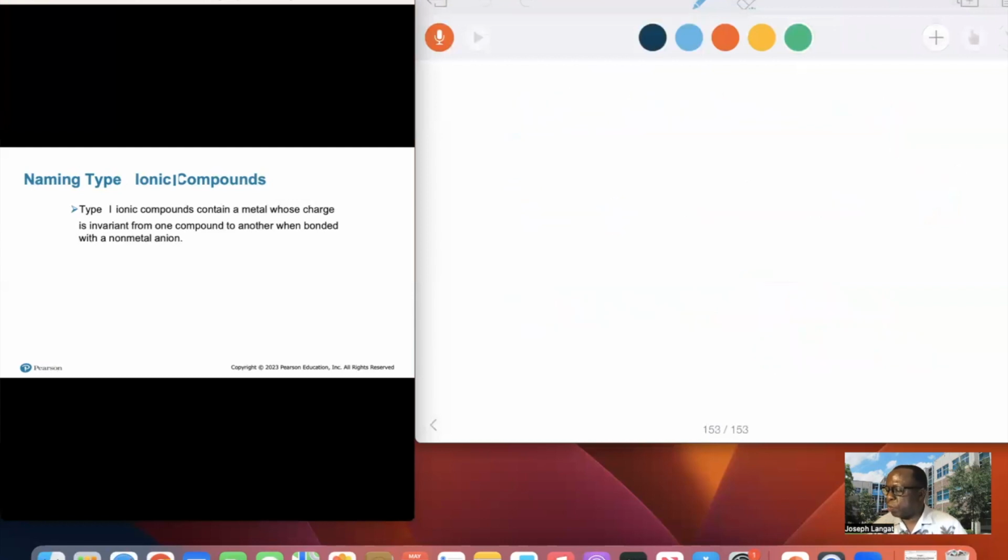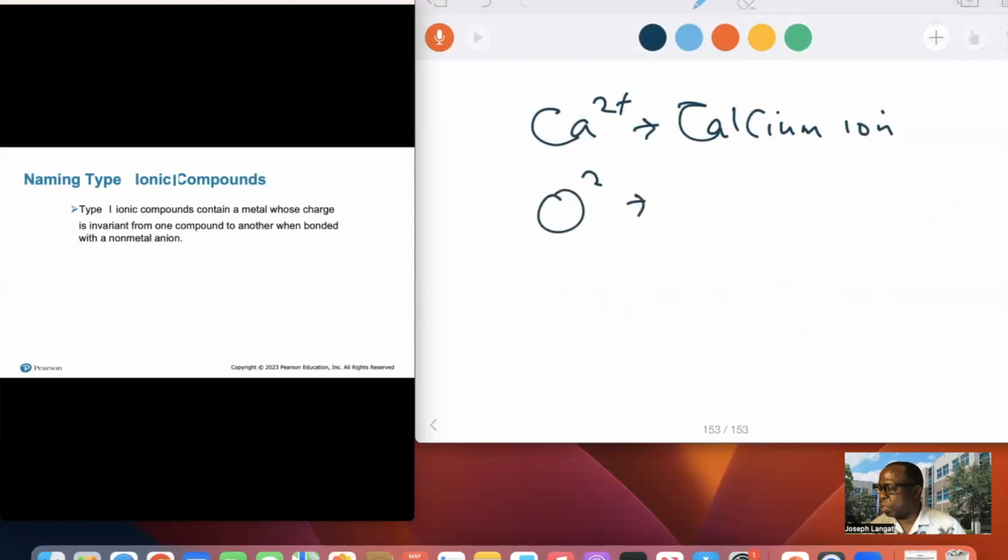So likewise for CaO, I'll just start with this by itself. Ca2 positive. This one is calcium ion, and this is oxide.